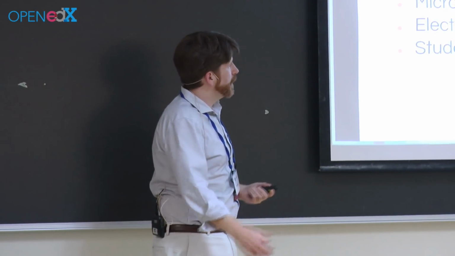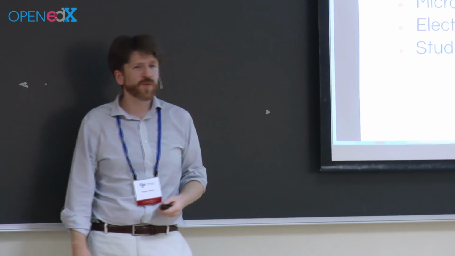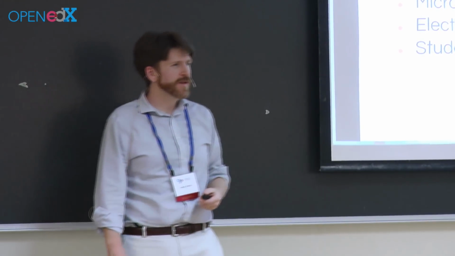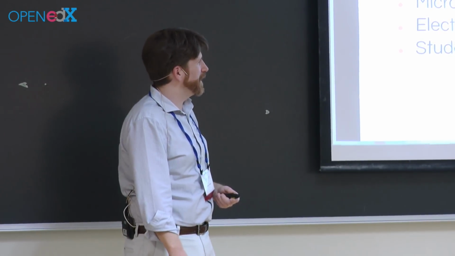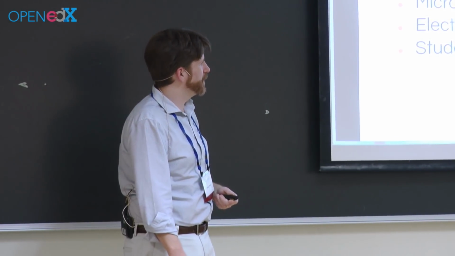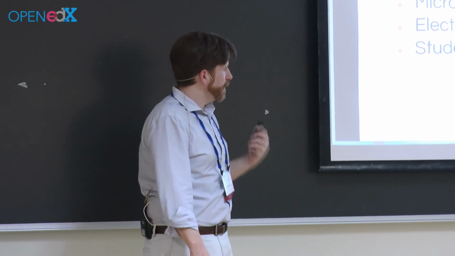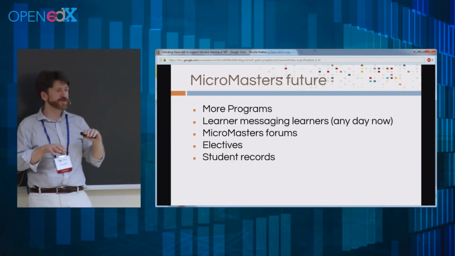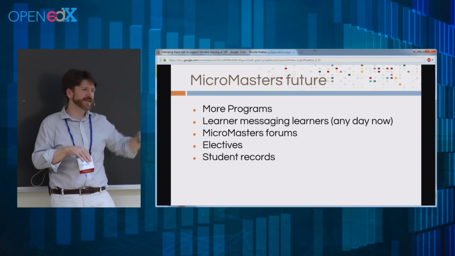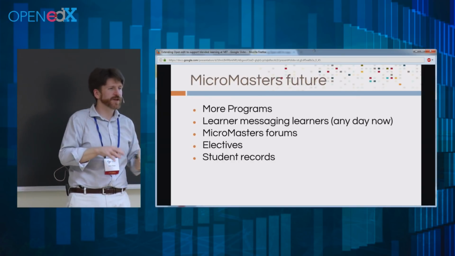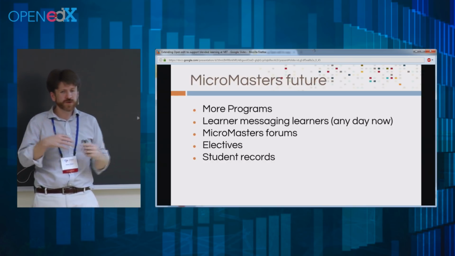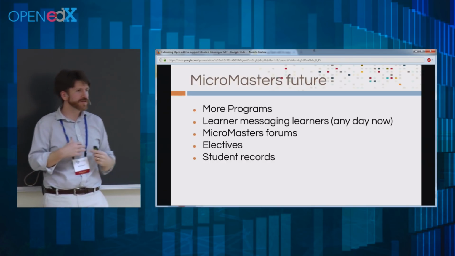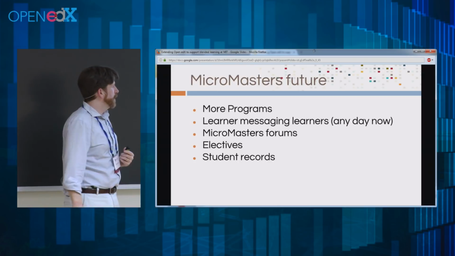Going forward, we're planning more programs. I can't say how many yet, but there are a lot of them in development. Sometime in the next couple of weeks, we'll turn on the ability for learners to search for and send messages to other learners, so we're trying to build up some of the social connections amongst MicroMasters learners.